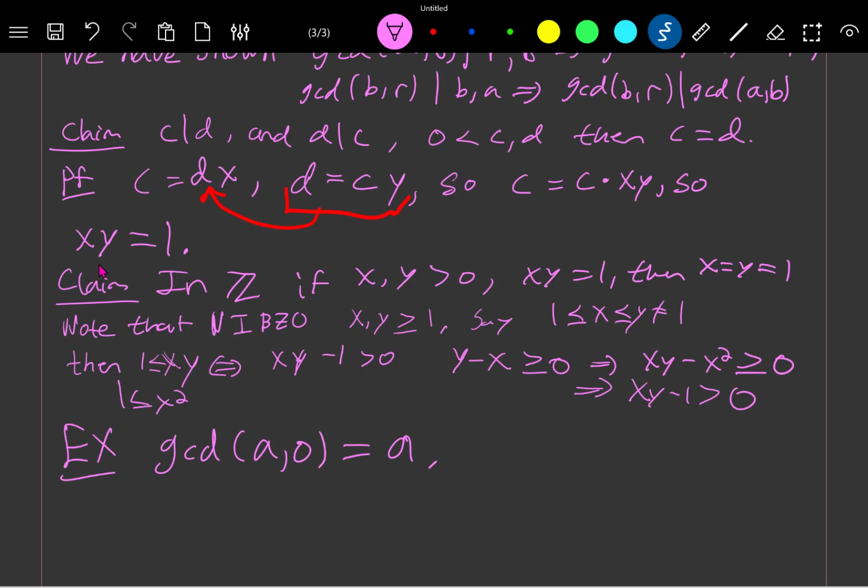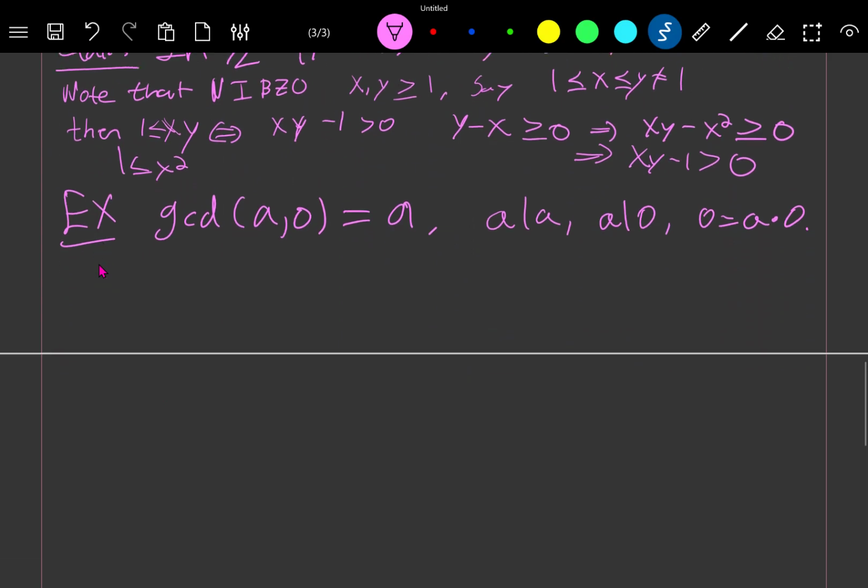And the reason is we know a divides a, and a also divides 0, since 0 is equal to a times 0. And we saw a is the largest element that can divide a. So we have this GCD as a. So, namely, we can go a step further.